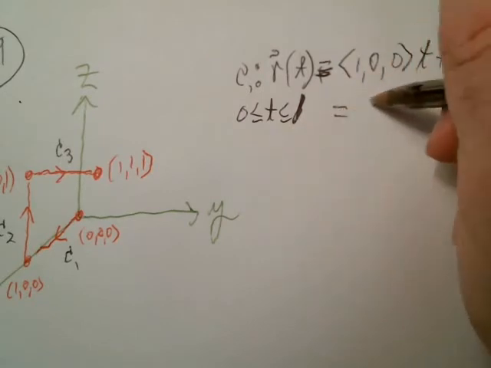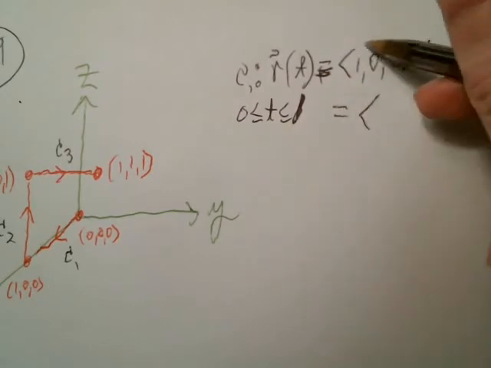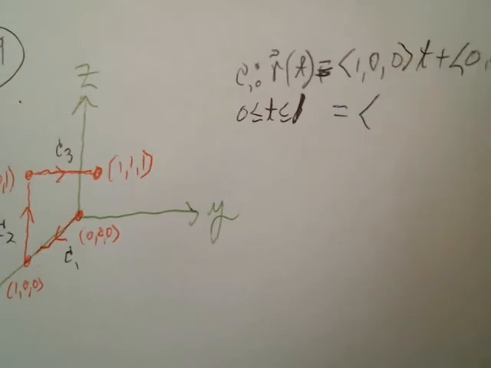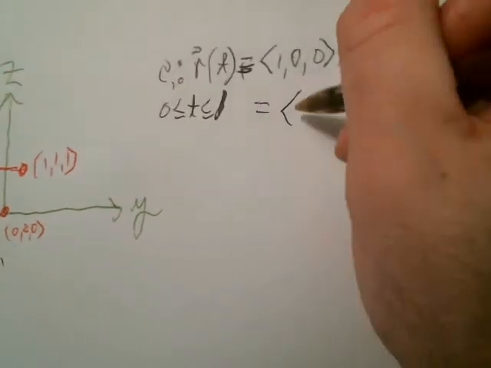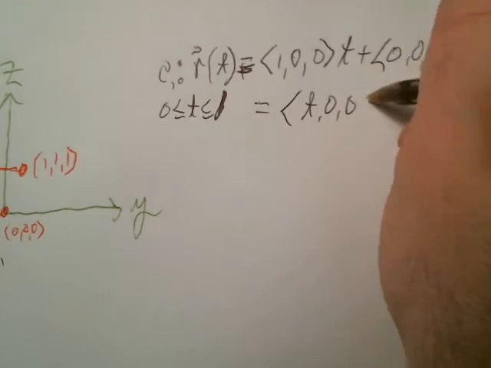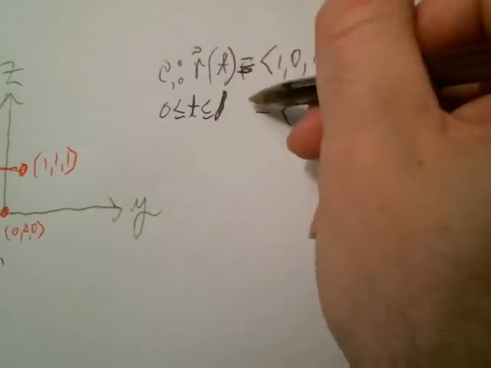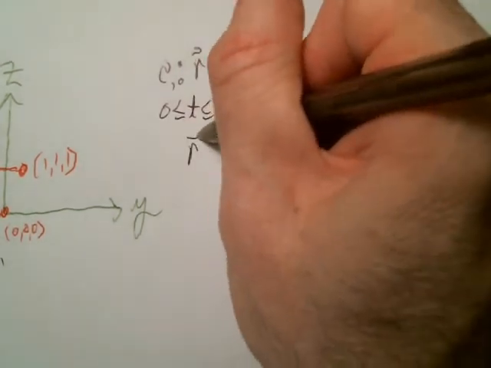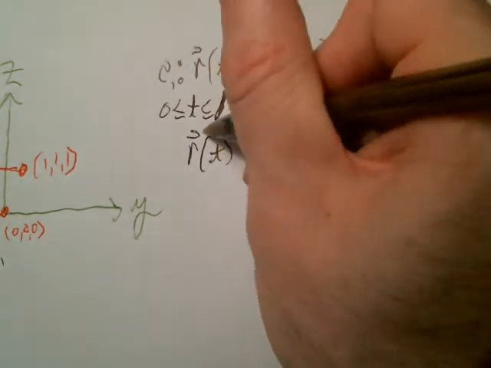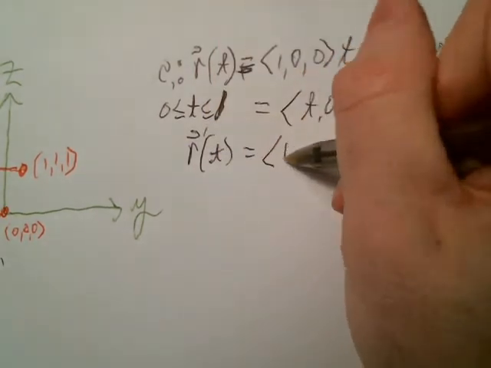Simplifying, distribute the scalar: (t, 0, 0) plus (0, 0, 0) is (t, 0, 0). We'll also need its derivative for the integral, so we might as well find that now. Its derivative is (1, 0, 0).